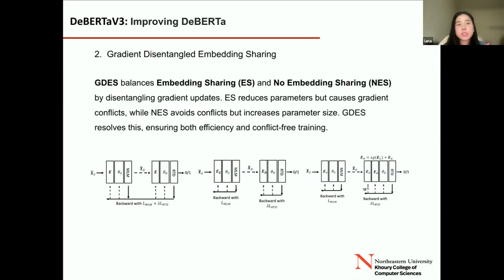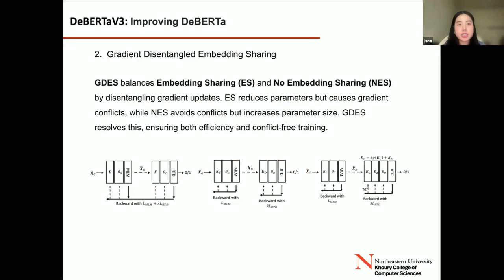While this approach saves memory, it creates optimization problems, because masked language modeling updates embeddings to improve token prediction, while replaced token detection updates embeddings to improve token discrimination. So these two objectives are different. It creates a tug of war, where one pulls and one pushes. And thus the shared embeddings receive inconsistent updates, leading to longer training times.